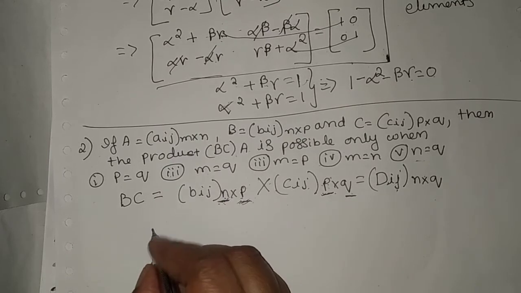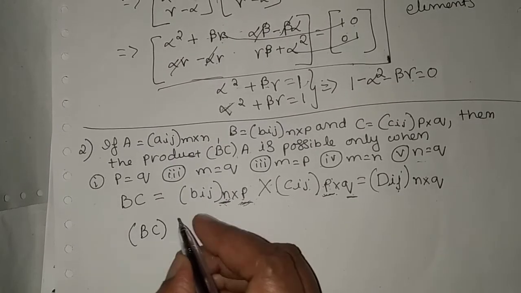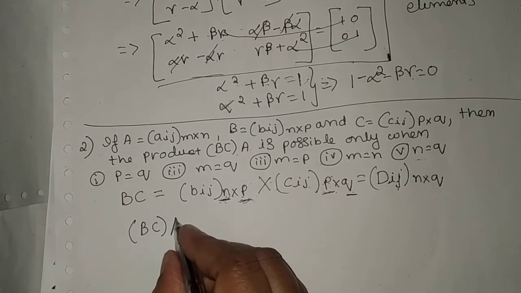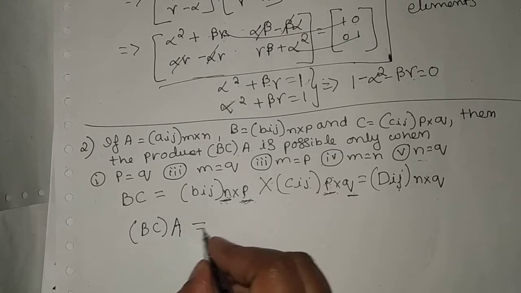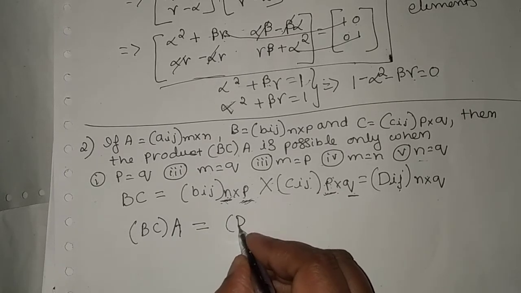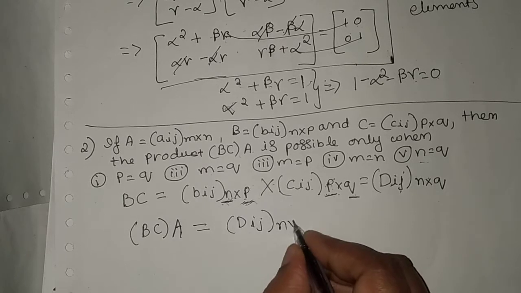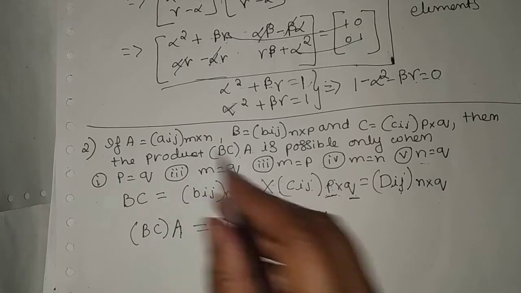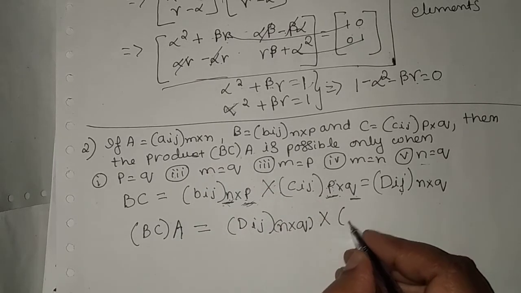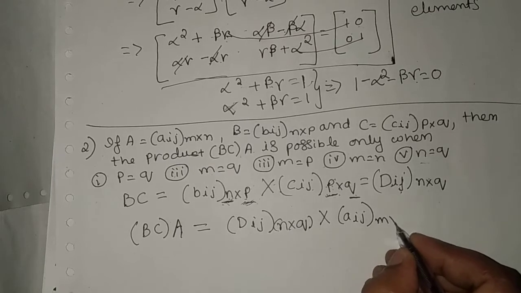So next step, BC we got, which is multiplied by A as given in the question. So this is Dij, n cross q, into A, which is Aij, m cross n.